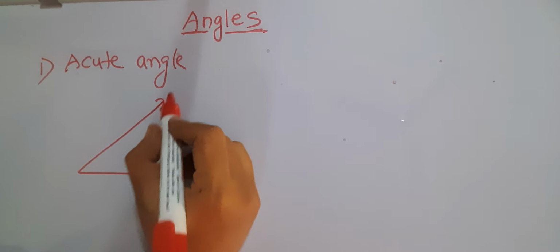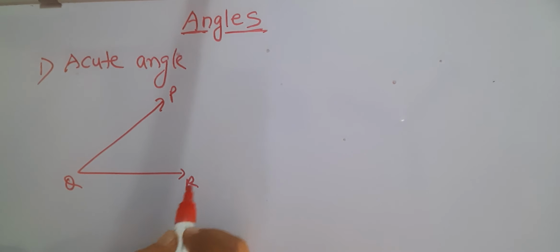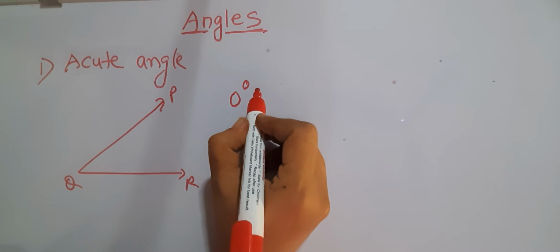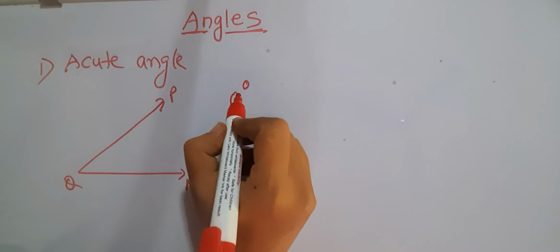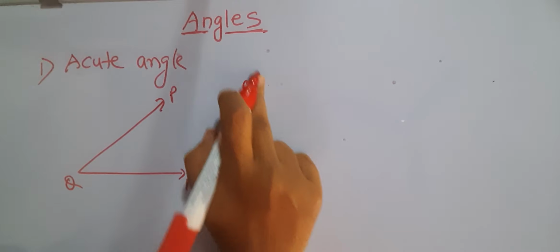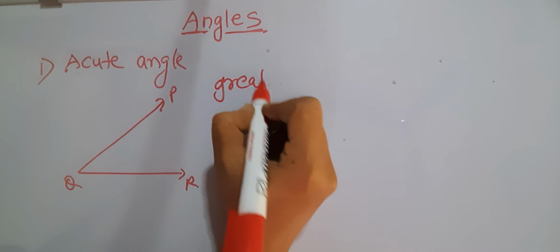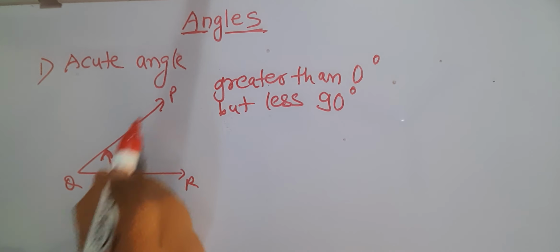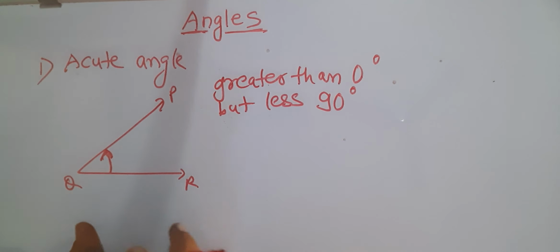If the angle which is formed is greater than 0 degree and less than 90 degree, it is between 0 degree and 89 degree, then an acute angle is formed. How can we count how many degrees this angle is?